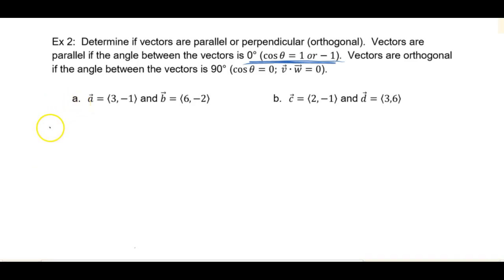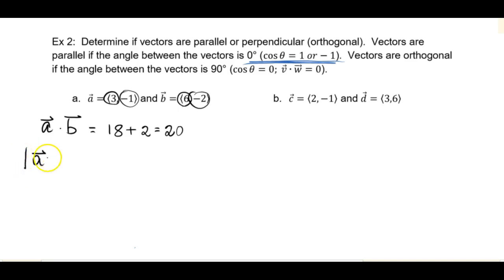So let's first find A dot B and see what we get. We're going to multiply 3 times the 6 plus the -1 times the -2, which is a +2, and get that to be 20. And we can go ahead and find the magnitudes of each one of those. So let's do that.